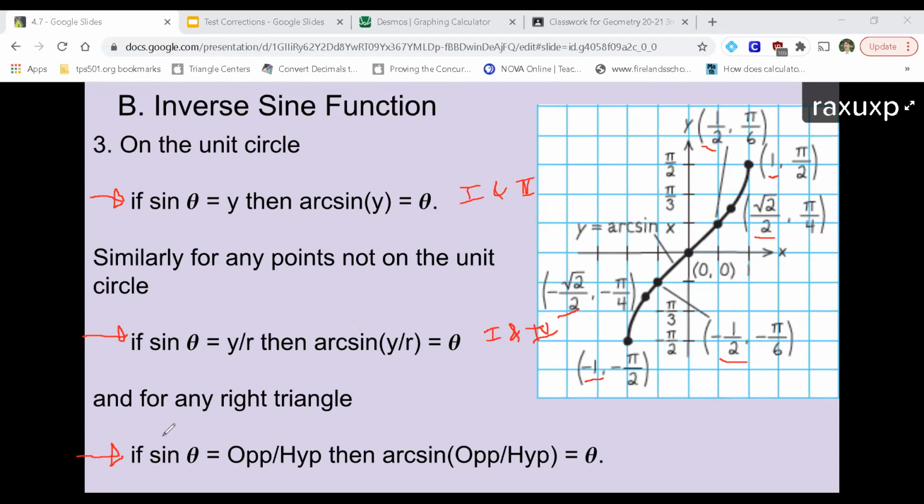And similarly then for any right triangle, if the sine of an angle in a right triangle is opposite over hypotenuse, then what your arc sine function does is the opposite of that. It'll take the ratio and it'll tell you what angle produces that ratio. And really, these should only be answers in quadrant 1, since your ratio should never be a negative number in a right triangle.